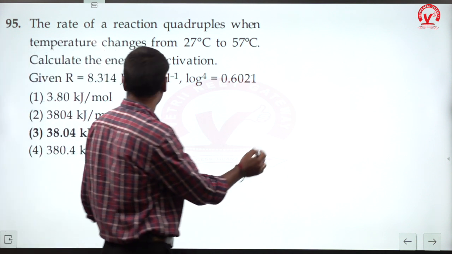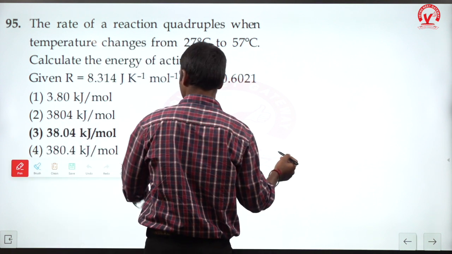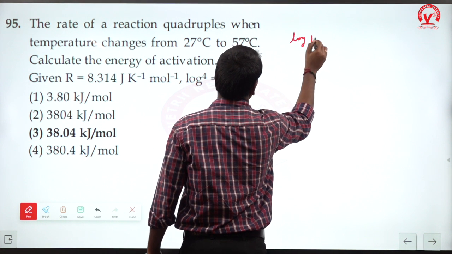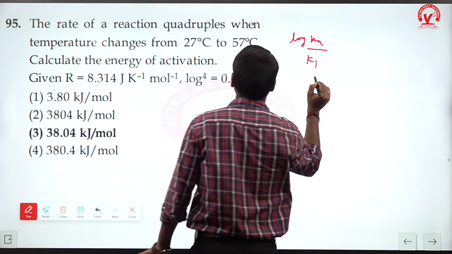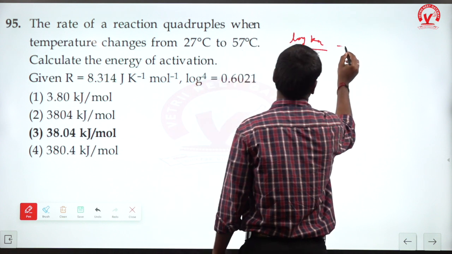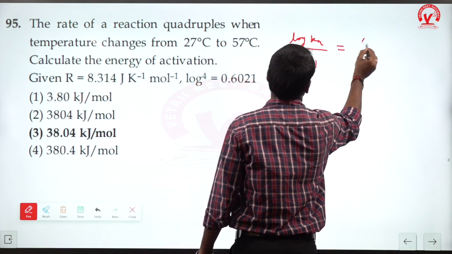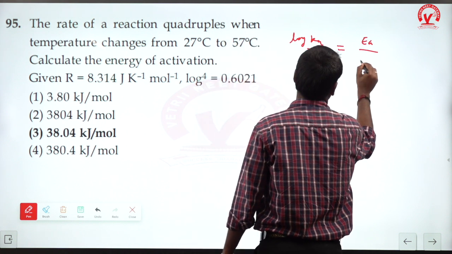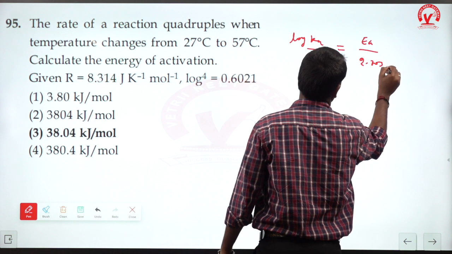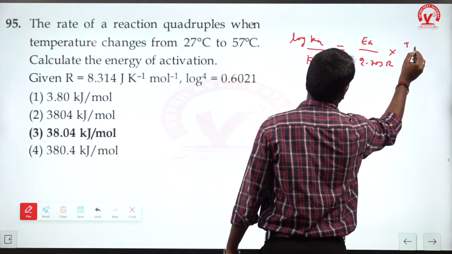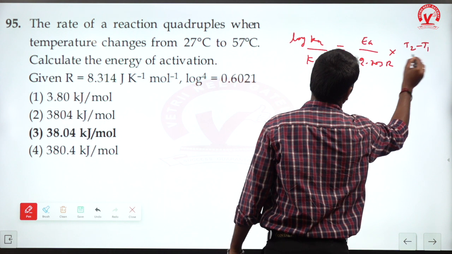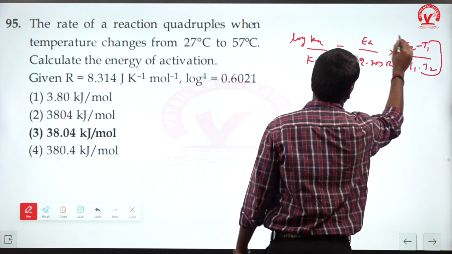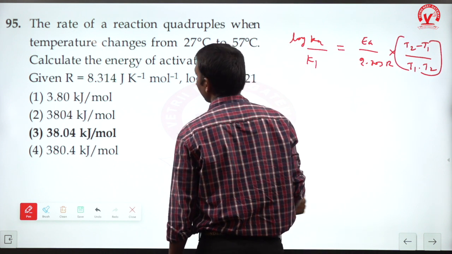So we have actually now here the Arrhenius equation: log of K2 divided by K1 is equal to Ea by 2.303 R into (T2 minus T1) divided by (T1 into T2). So by using this equation we can calculate activation energy.